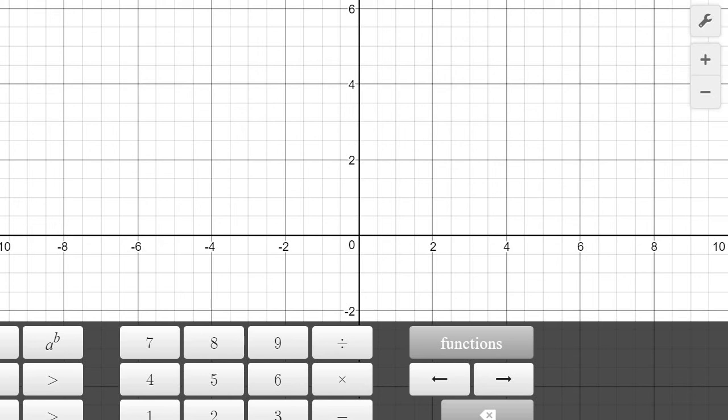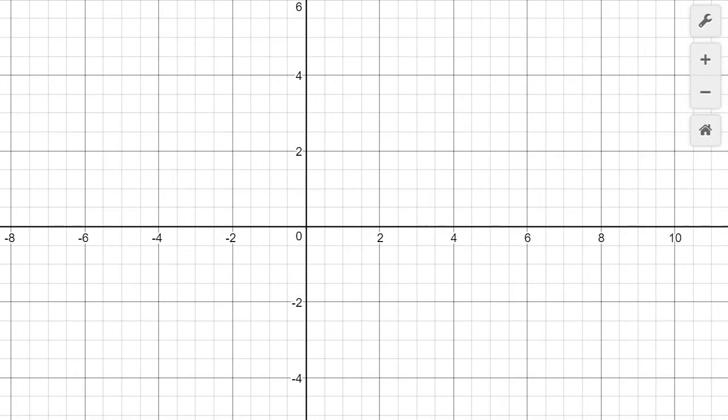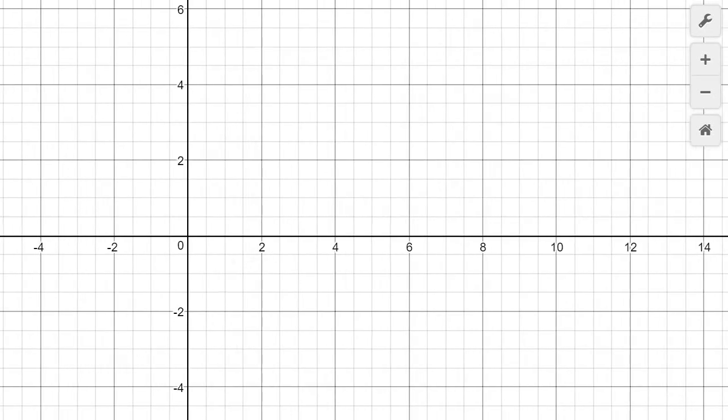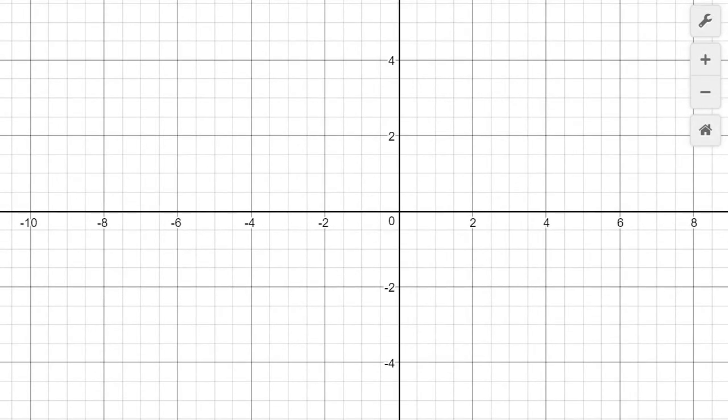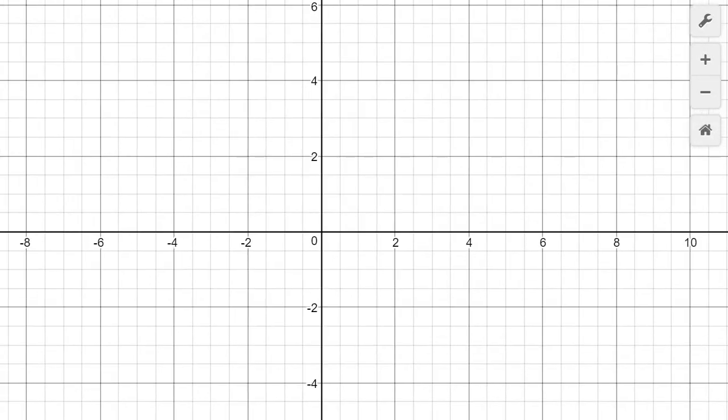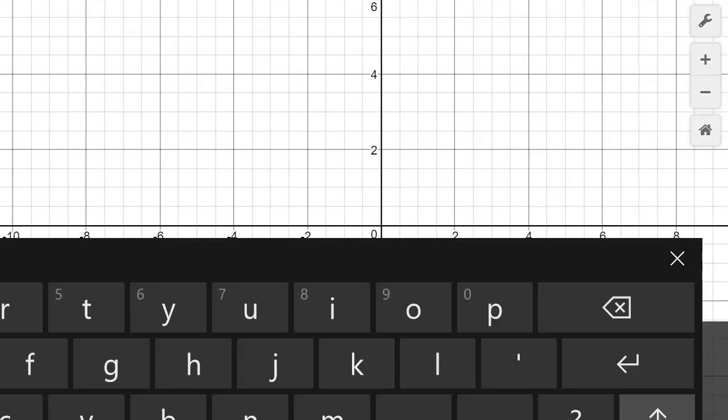Let's adjust this screen so you can see it. All right, I'll just type it and see what happens.